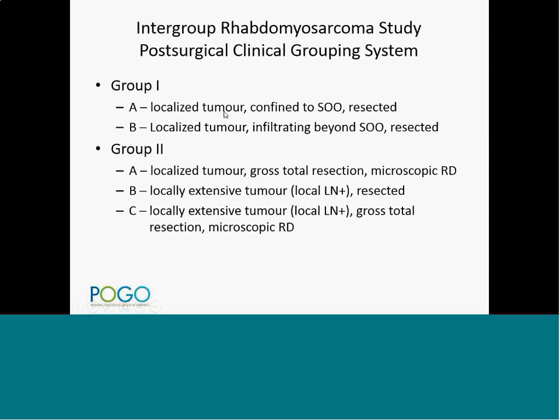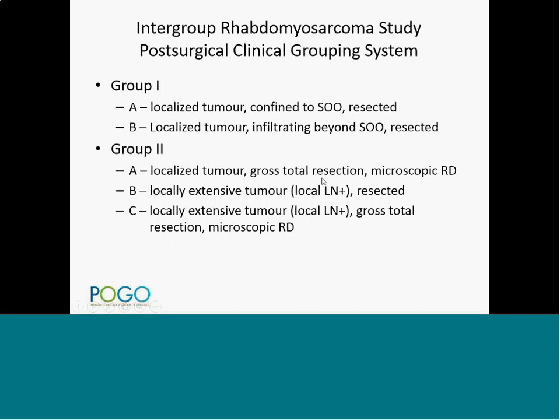It's divided into localized tumor confined to the site of origin or infiltrating beyond the site of origin, but both being completely resected. Group 2 tumors tend to be those with a localized tumor and a gross total resection, but with microscopic residual disease.